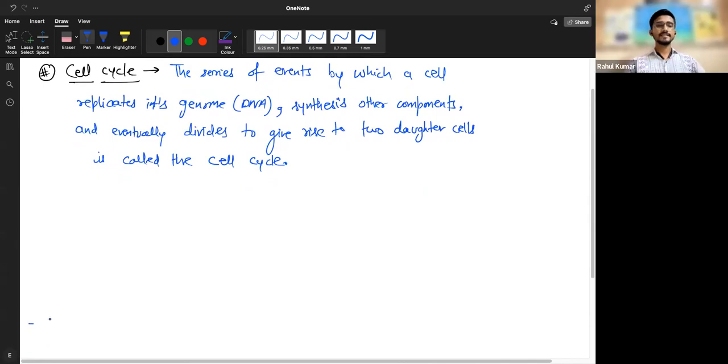Now, this cell cycle has various different phases. The longest phase is called the resting phase. So the cell is mostly growing for the longest time in its life. It grows, and then when it reaches a level where it needs to divide, the division phase is very small as compared to the growth phase.